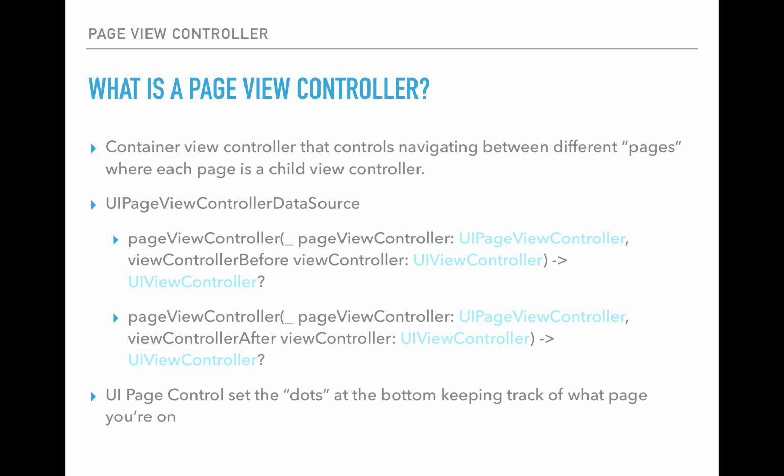Typically you'll maintain an array of view controllers. Say you have a page view controller that's in control of 5 separate pages. Every single one of those pages will have to have its own view controller that controls what happens when it loads. The page view controller will handle the transition between those 5 different view controllers.